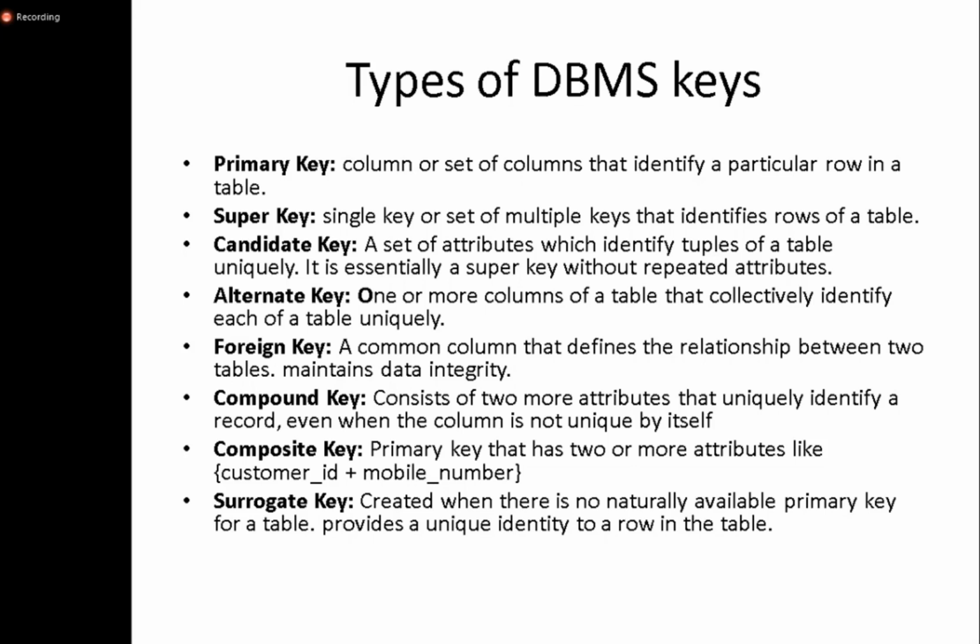And candidate keys, if you check the word candidate, it also gives the meaning: the suitable set of keys having the qualifications to become a key can be considered candidate keys.